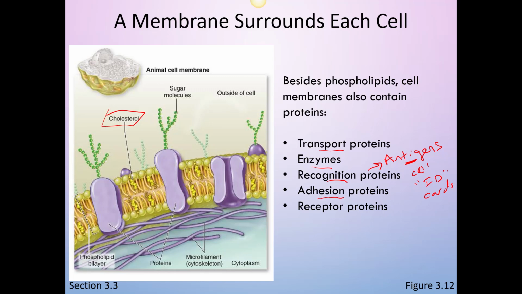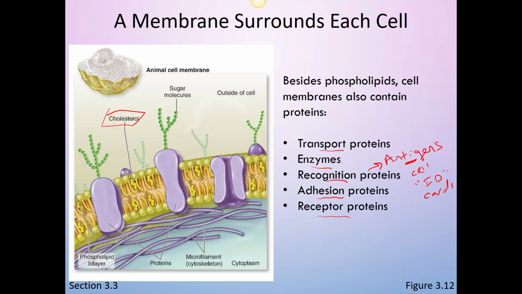Then we have adhesion proteins. We go through adhesion proteins in cellular junctions in the very last couple slides in this PowerPoint series. In this week's lecture, we will talk about the different types of adhesion proteins. What these do is they allow cells to stick together to form tissues. And then we have receptor proteins. Receptor proteins are going to pick up on signals from the environment or from neighboring cells.